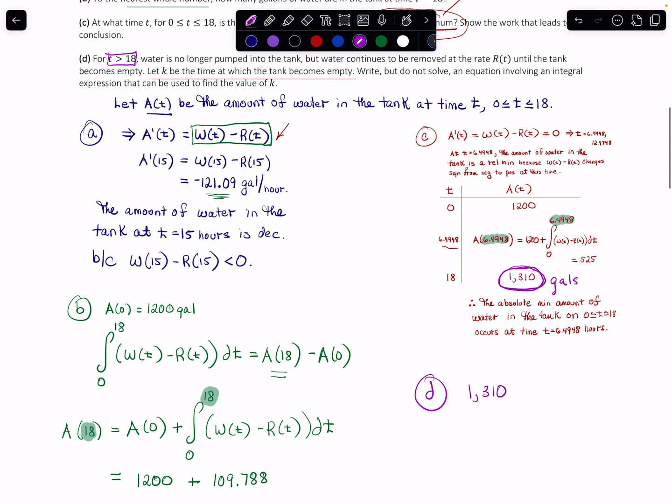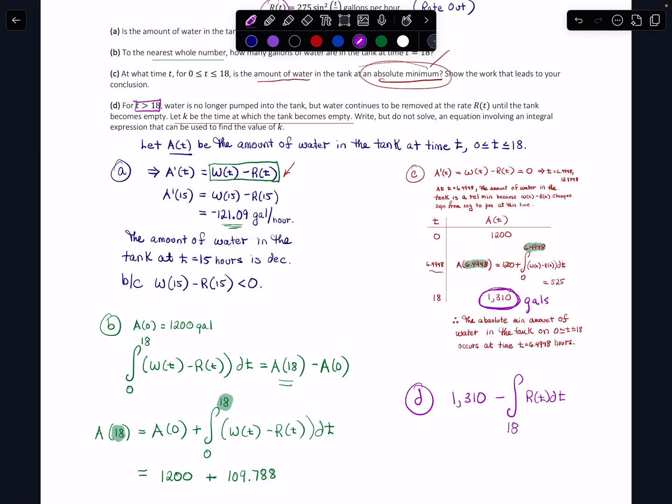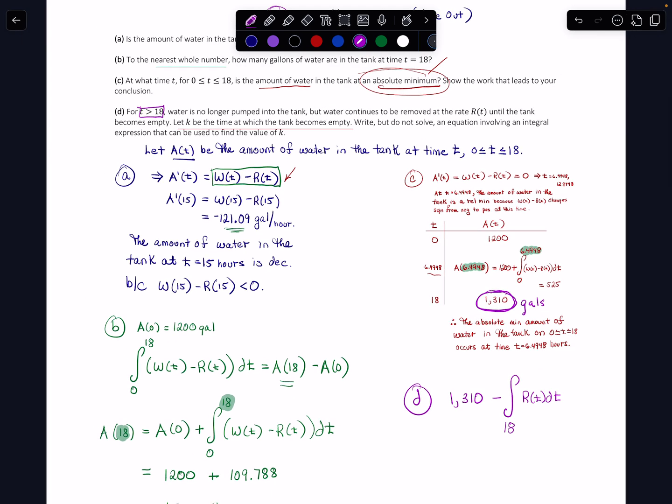So you have to take out all this water, and I subtract how much water is being pumped out at a rate R of t. This starts to happen at time 18. When is it going to finish? They said it's going to finish at some time k. I really don't know when, but that would be the upper limit of integration.